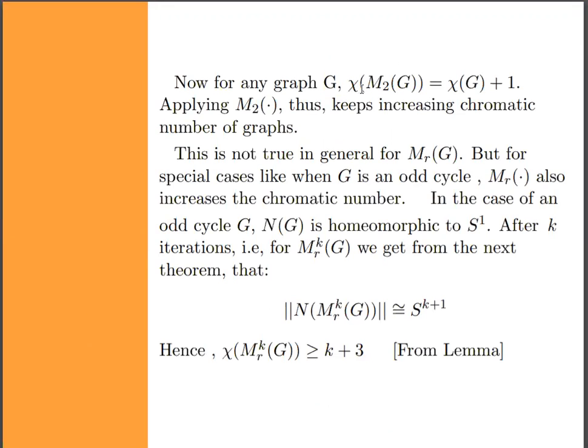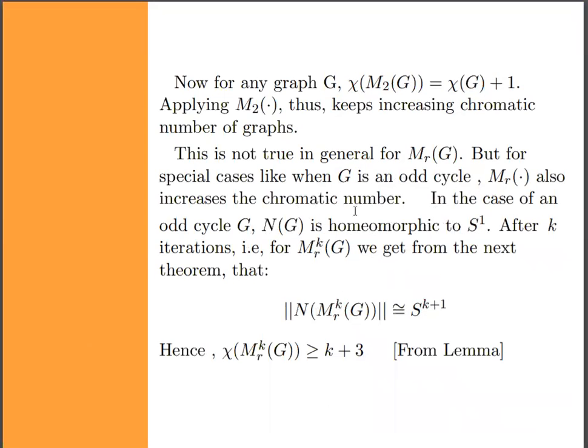So as I mentioned, this thing is true, but in general MR doesn't increase the chromatic number like what M2 does. But for special cases, like when G is an odd cycle, it does increase the chromatic number. In the case of an odd cycle G, N of G is homeomorphic to S1. After k iterations of MR, even for different R's, the neighborhood complex will be S(k plus 1).